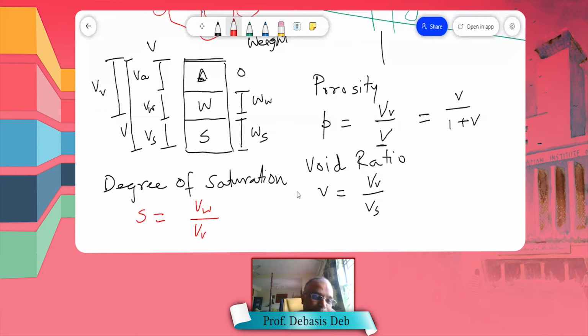So there is no space for water to go anymore. After that, whatever rainfall occurs, that water we call the surface runoff, because it has no place to go underground. It will flow through the surface, and that water gradually accumulates and creates the flood.